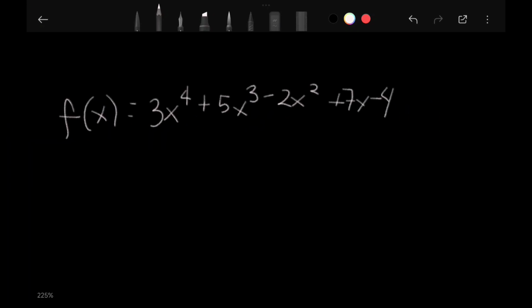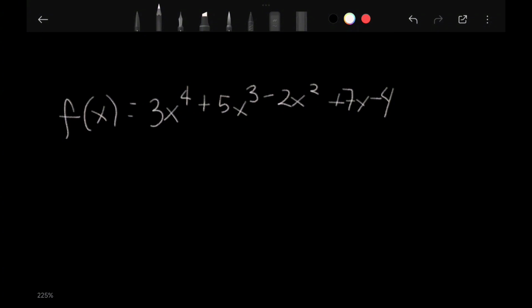Here, we have f of x equals 3x raised to the power of 4 plus 5x raised to the power of 3 minus 2x squared plus 7x and then minus 4. Using the sum and difference rule, we differentiate each term separately.